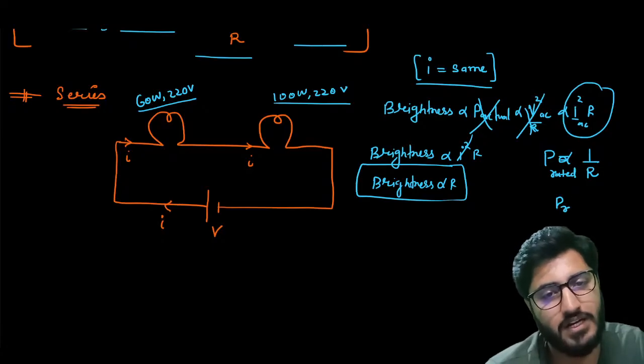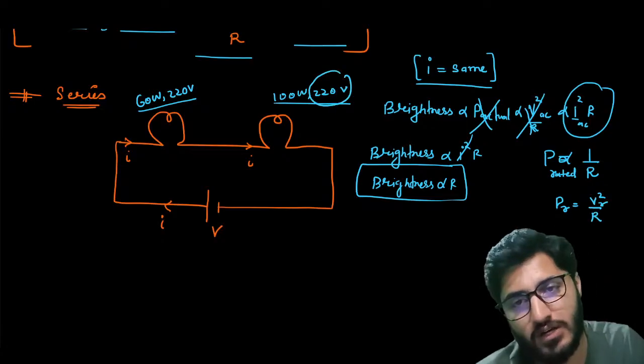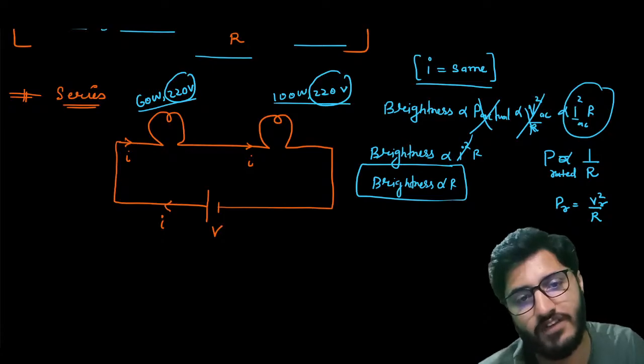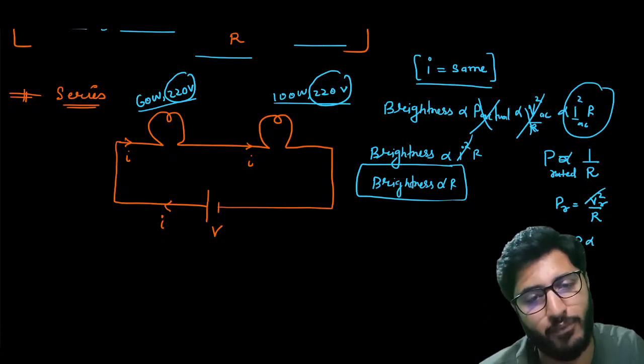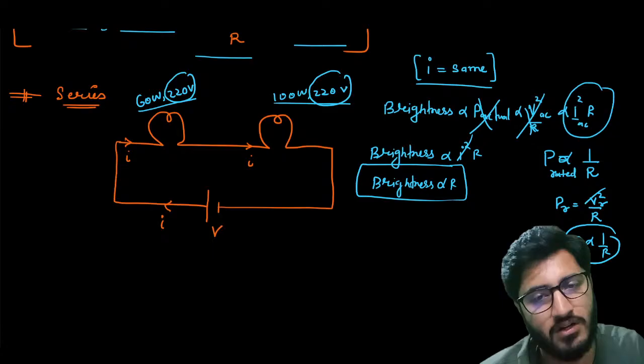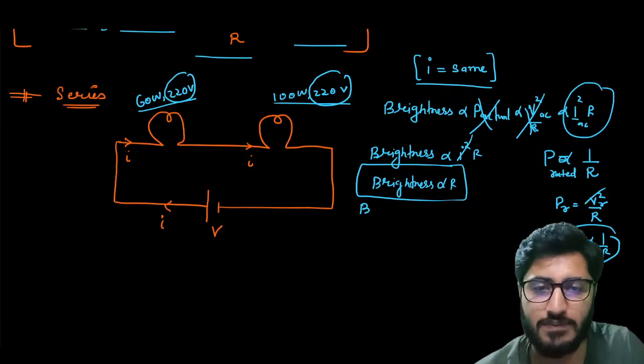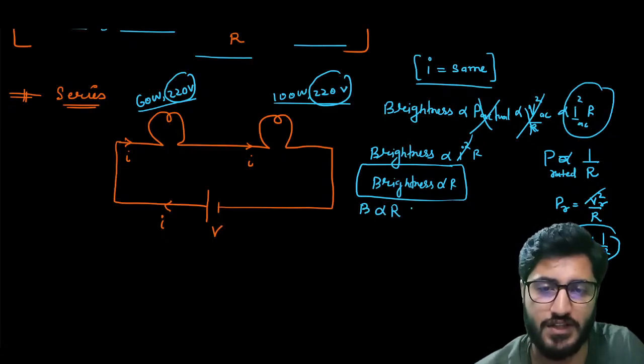Because rated power is equal to V square by R. V rated, look here, 220 volt, 220 volt. Sir, V is common, so power is inversely proportional to resistance. So brightness is proportional to resistance, and resistance is inversely proportional to the rated power.